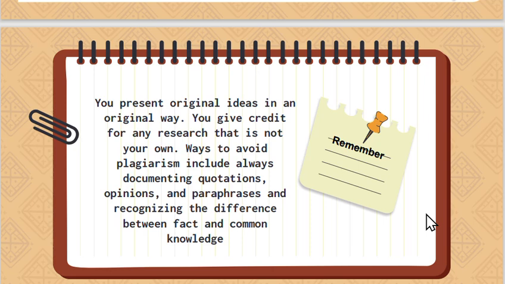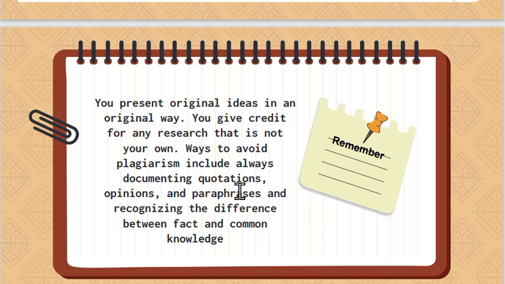Now remember that you present original ideas in an original way. This is the most important thing. When you write your research paper, you have to present original ideas in an original way.